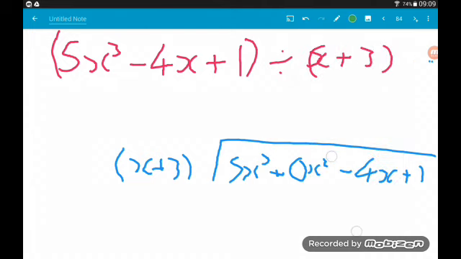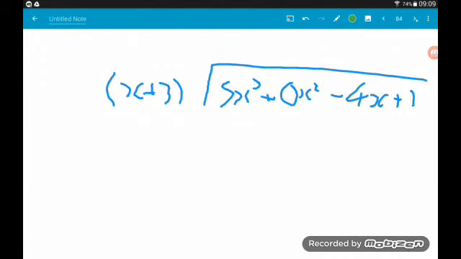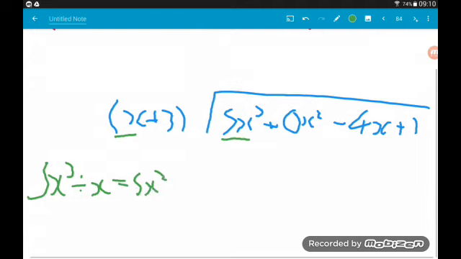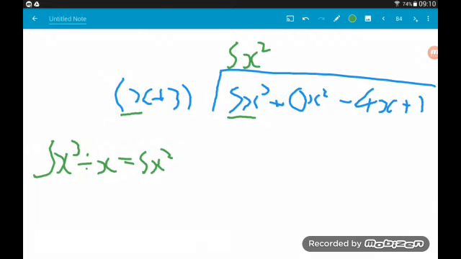Alrighty. So, first step: the first term divided by the highest power of x. 5x cubed divided by x gives us 5x squared. That's the first thing to go up on top. Now we do 5x squared times our divisor.